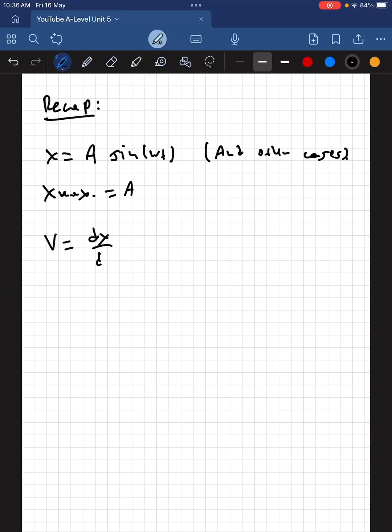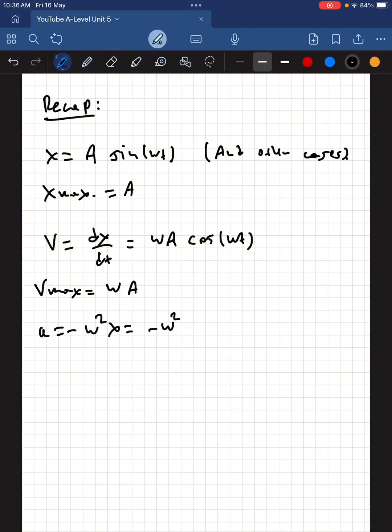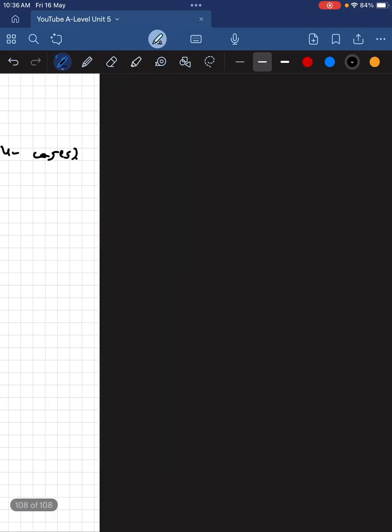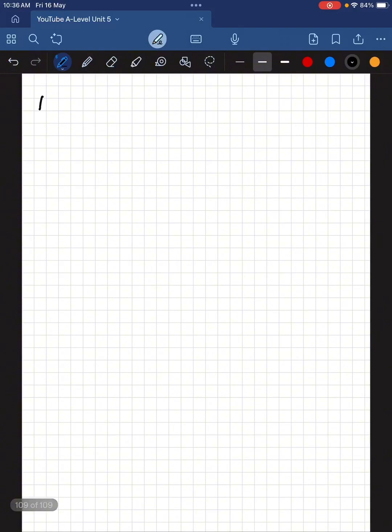The velocity is dx over dt, which is omega a cos omega t. And v max, the maximum velocity, is omega times a. And acceleration is minus omega squared x, so minus omega squared a sine omega t, with a max being minus omega squared a. And before we close this video, I'm going to talk about some miscellaneous math.